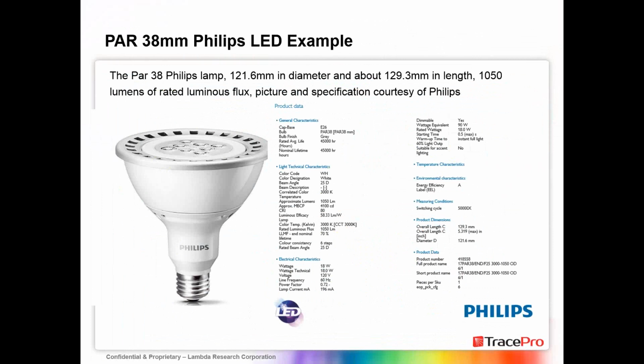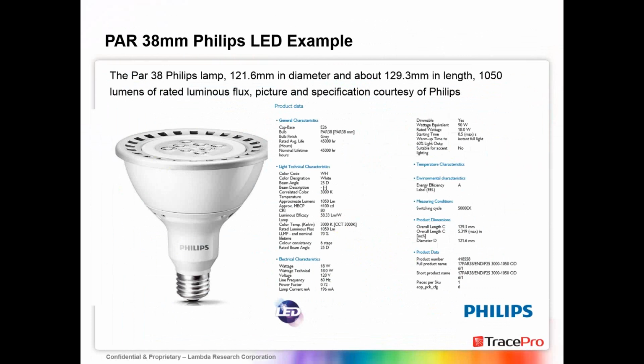It gives out 1,050 lumens, and the full information is here, but this particular Philips bulb is giving out 25 degree angular output. This is a little bit larger than the 14 degree full width half max that we want with our particular lamp, but it gives us a good idea of what we would need to create an LED type lamp. In this case, they don't really have a reflector. You've pretty much got the LED sitting there right at the top.